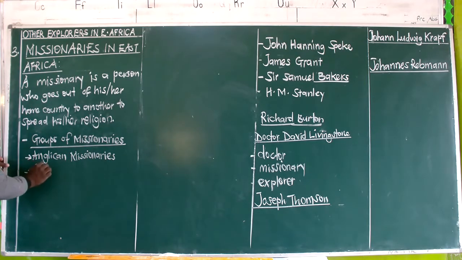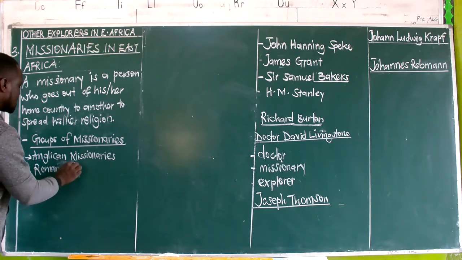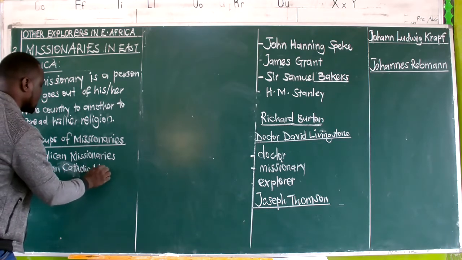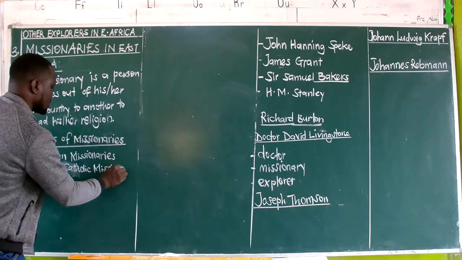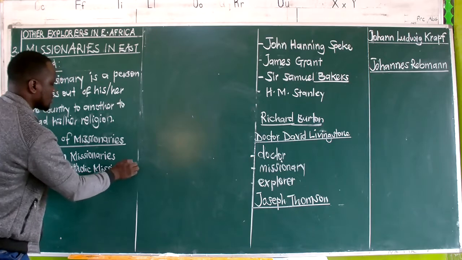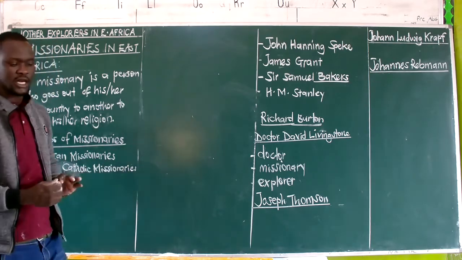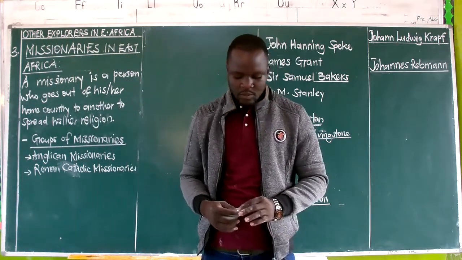And then after that, we shall also be looking at what we call the Roman Catholic missionaries, that we can also call the Roman Catholics. These are the two groups of missionaries that came to East Africa.